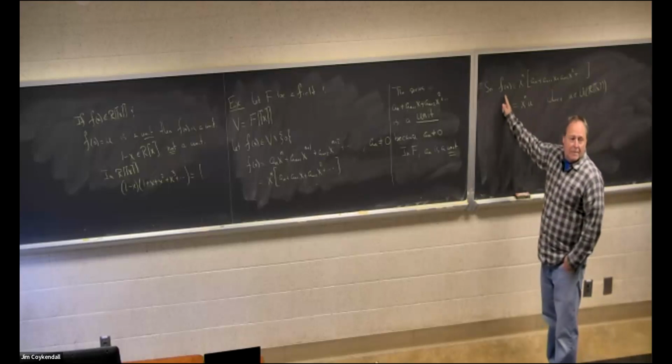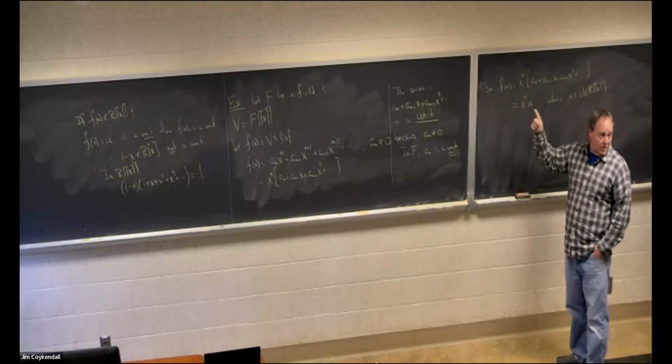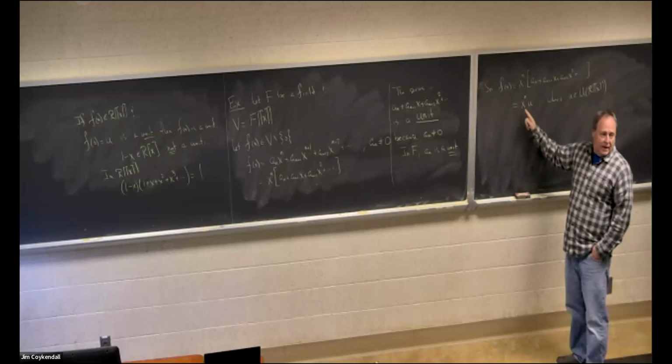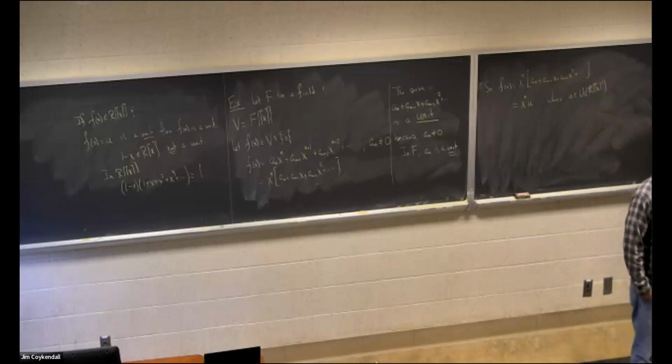If you have a power series that is not 0, then it is some power of x times a unit. And of course, that power of x could also be the 0 power. Everybody okay with that? Just pull out x until you get the leading coefficient non-zero, and the rest is a unit.